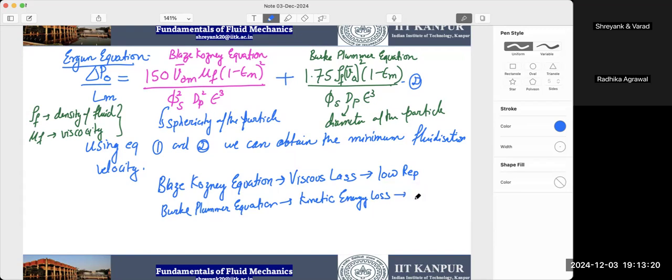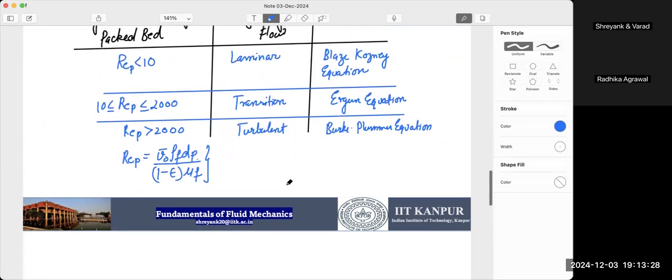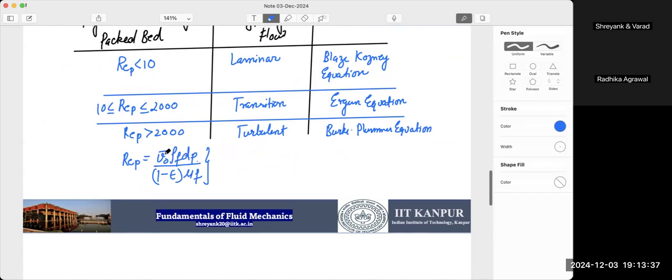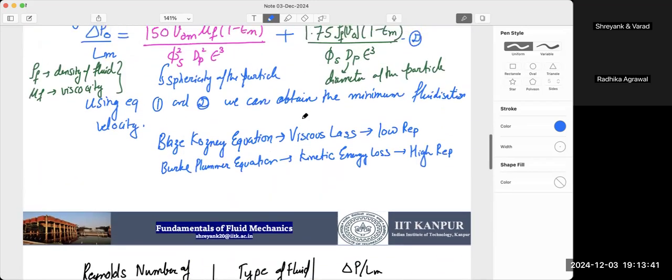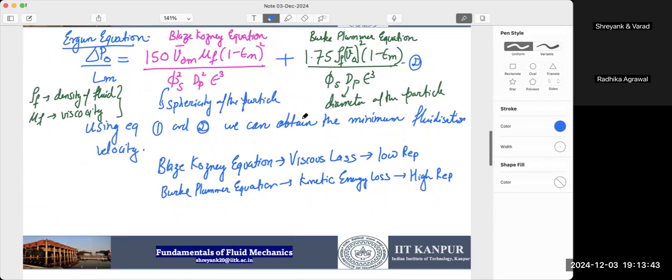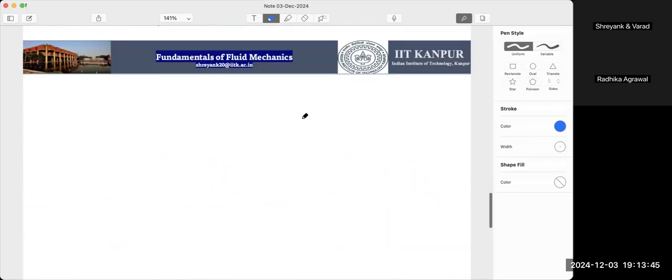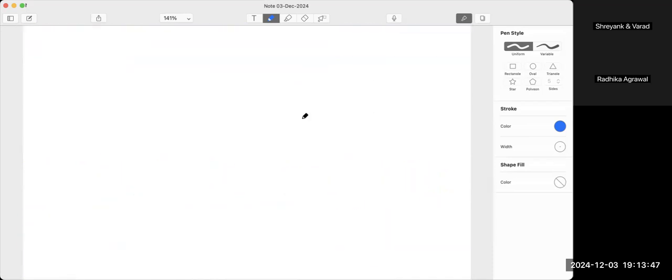So that is why we use the Burke-Plummer equation at high Re_p, because at high Re_p the inertial forces are significant compared to viscous terms, and then kinetic energy losses are significant. So in GATE, there was one question in 2011.